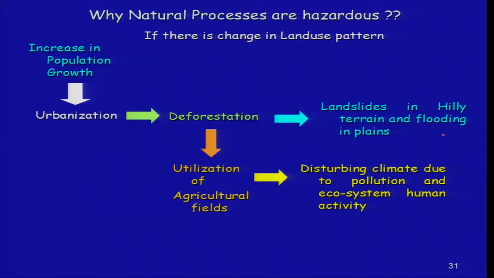So, because of human activities, these are the major reasons affecting the natural processes. Mostly the climate is affected, but the internal processes you cannot disturb at all. But more and more people are exposed to such hazards, and these problems are increasing day by day.